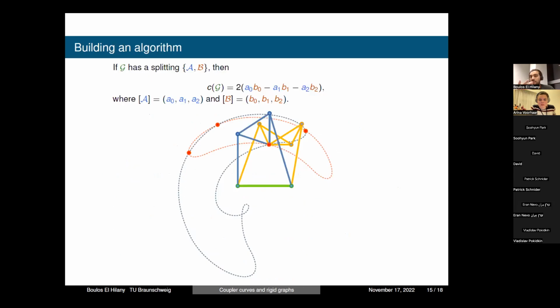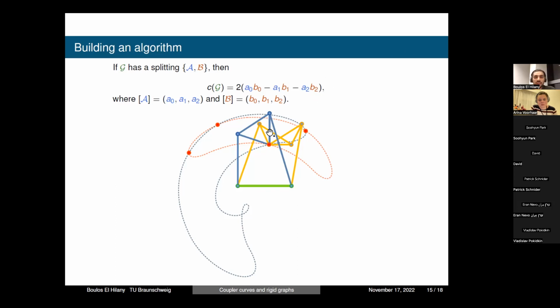So how can we use this result in applications? If I have a splitting AB, then we have C of G equals this product, where A has the class A0, A1, A2, and B has the class B0, B1, B2.